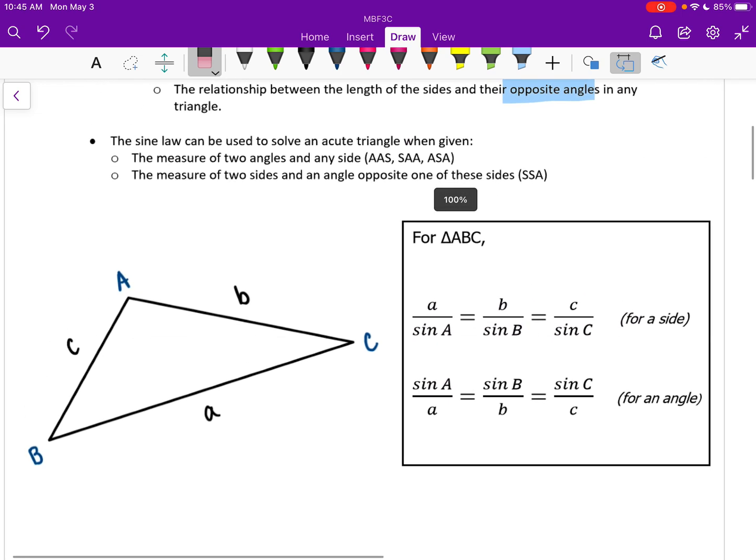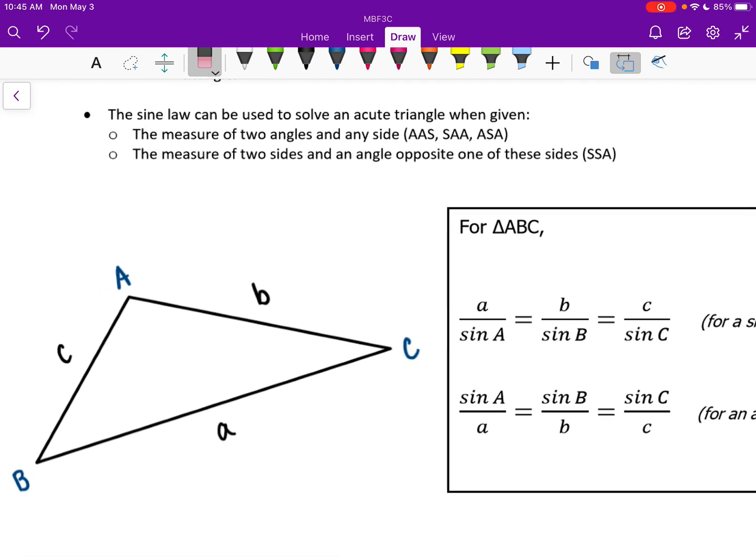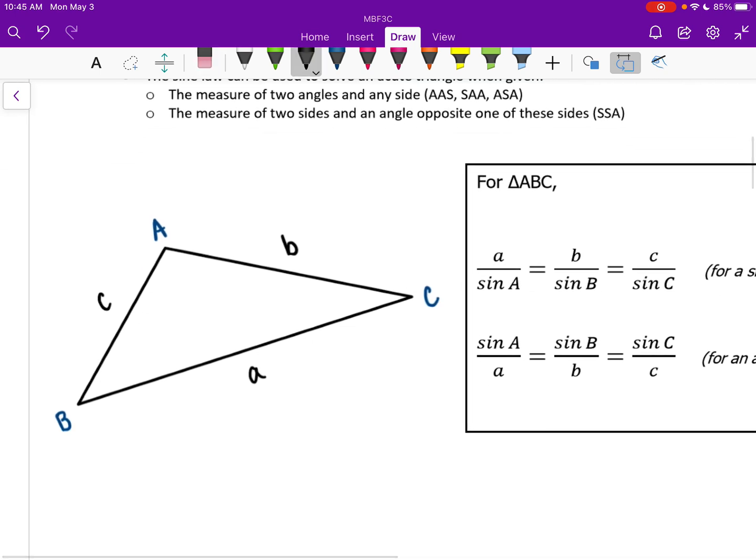Okay, so the sine law can be used to solve any acute triangle where we are given either two angles and any side. So say I'm given angle A, angle B, and side B, I can use that. If I'm given angle C, side C, and angle A and side B, I can use it too. Or you're given two sides and an angle opposite to one of these sides.